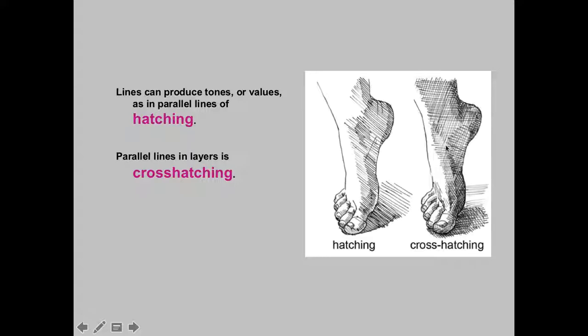Then if you do 1 light, it gives a light gray. 2 and 3, that gives us a medium gray, and then you get a darker sort of a black with multiple cross hatching in the back. Now this is achieved with hatching as well. You can kind of see that, how they're spaced apart further, then they get denser or multiple layers of the same line. Okay, I'm going to stop there.